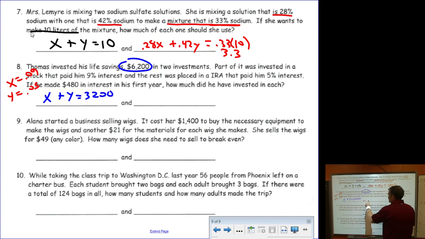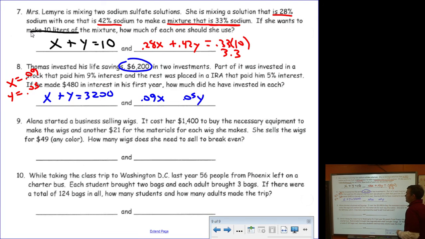And the amount invested at 9% times 0.09 would be the amount of interest I got off that investment. The amount of interest on the second investment would be 5% times the amount invested. And when I add those together, I get the total amount of interest, which is $480.